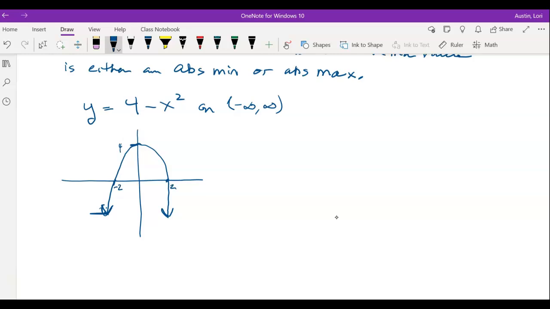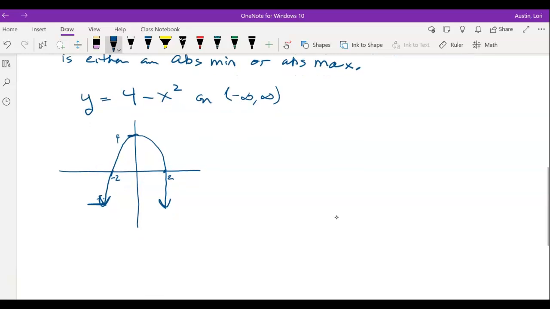All right, so if we're on the full domain of negative infinity to infinity, what type of extrema? And I'm talking about mins, maxes, locals, absolutes, whatever. Mostly absolutes. Do we have any absolute extrema on this one? What do we have? Yeah, we have. Now let's make sure when you're stating it, we state it correctly.